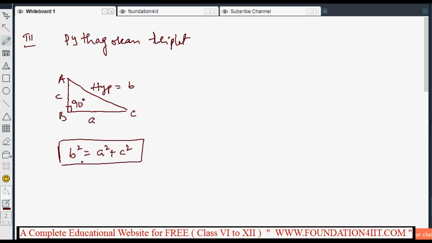That is, the hypotenuse square is equal to the sum of the squares of the other two sides. This is the Pythagoras theorem in a right angle triangle.